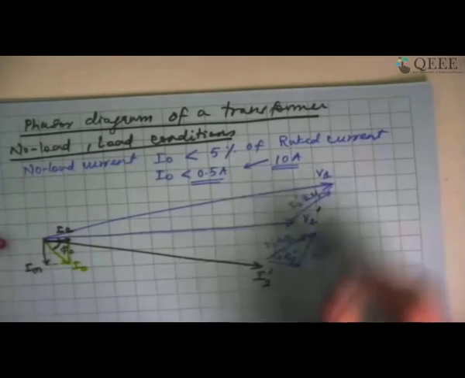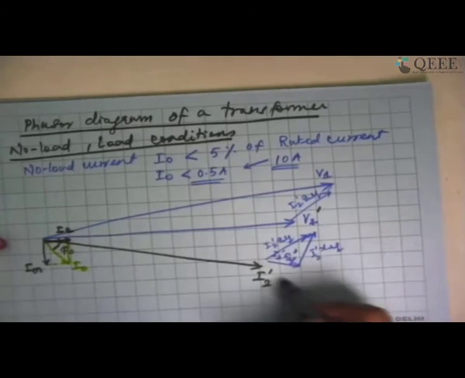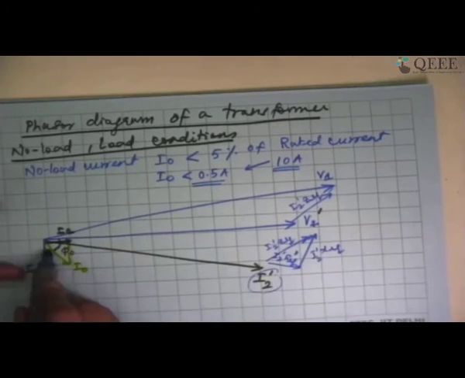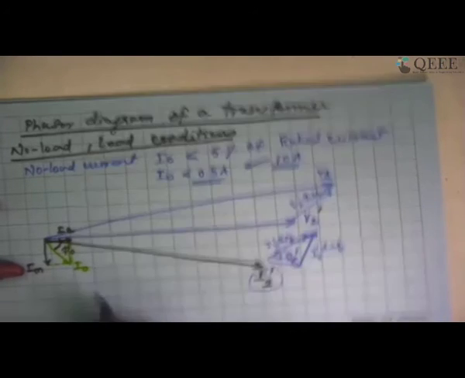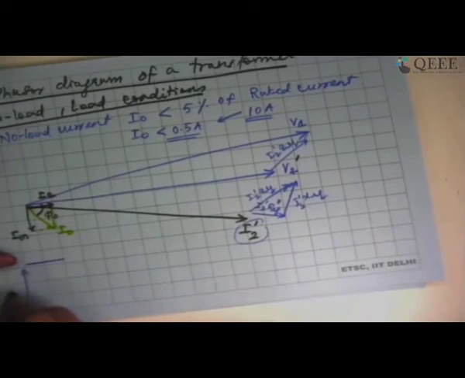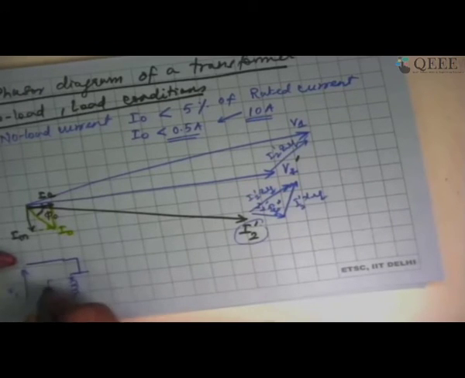So now, please note that I have taken only I2 dash. Actually, if I want to be more accurate, I should have added I0 also to I2 dash. Only then I will get I1. Please imagine the equivalent circuit of the transformer. I essentially had V1 being applied here. I had IM here.